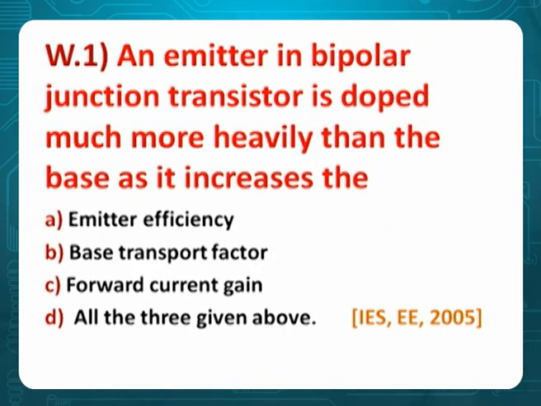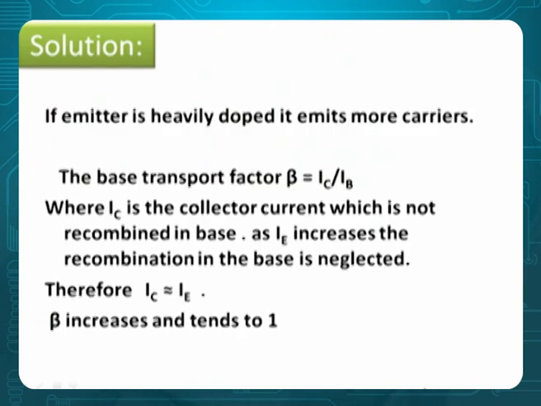An emitter in a bipolar junction transistor is doped much more heavily than the base. As doping increases: emitter efficiency, base transport factor, forward current gain, all the three above? If you look at the base transport factor, beta is IC by IB. Now, IC is the collector current, which is not the recombination in the base.